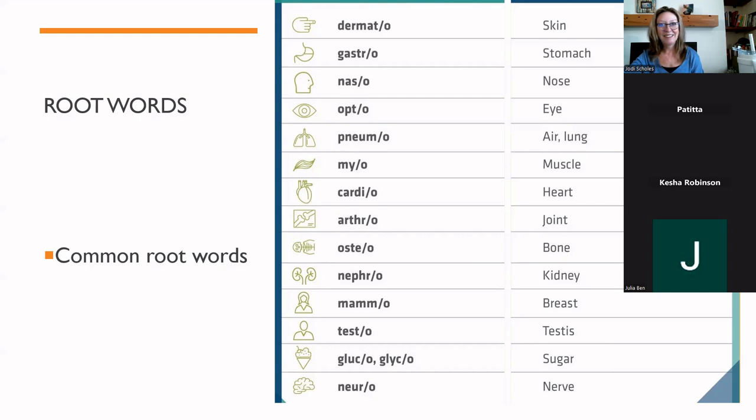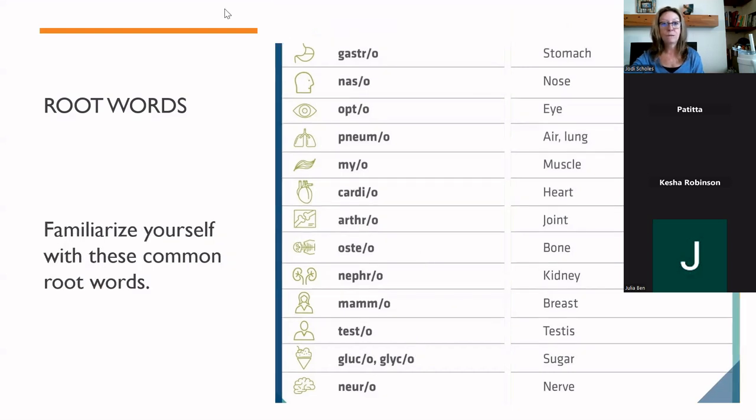Good. Came a little easier this time, right? Now I will tell you, if these are new to you, you will need to know them. The MBLEx will throw you a few of these, I am sure. You will see these terms on the left at the start of words. So it'd be very good to familiarize yourself with these common root words.